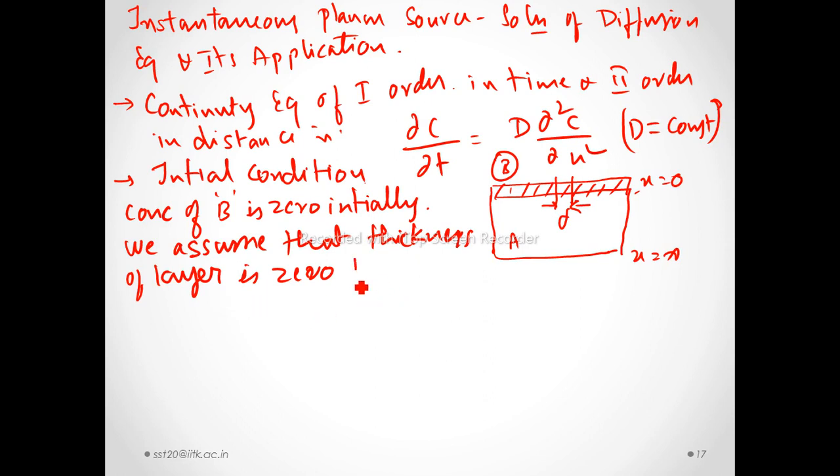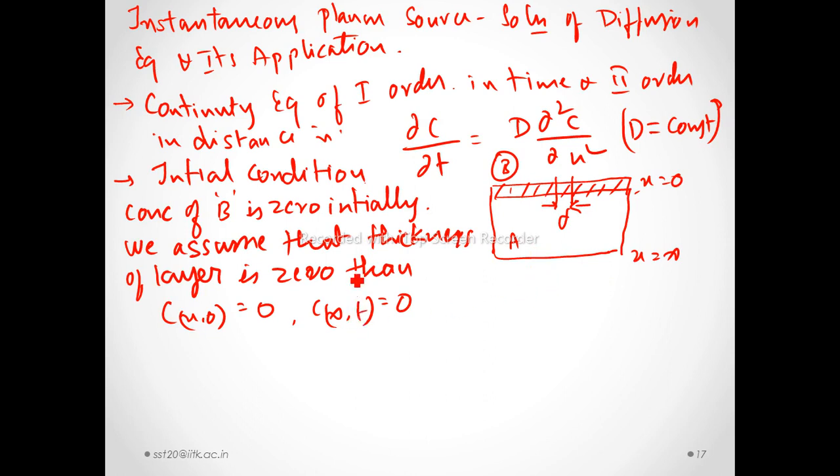Then c of x comma 0 is equal to 0, and after time t, the concentration of the dopant at the other surface of the substrate is also 0.